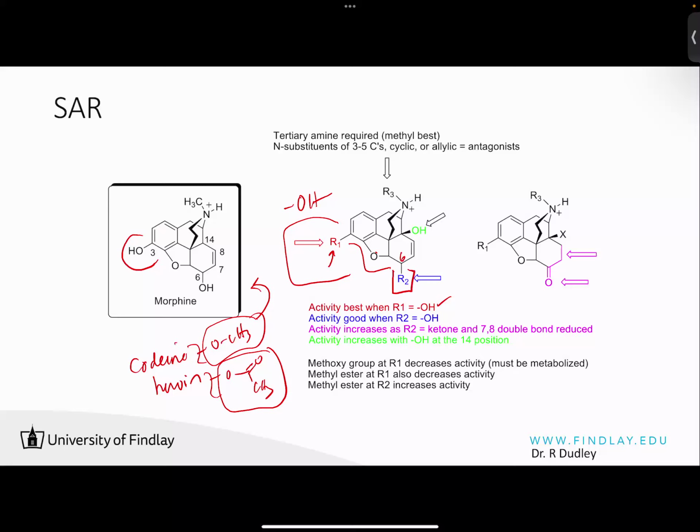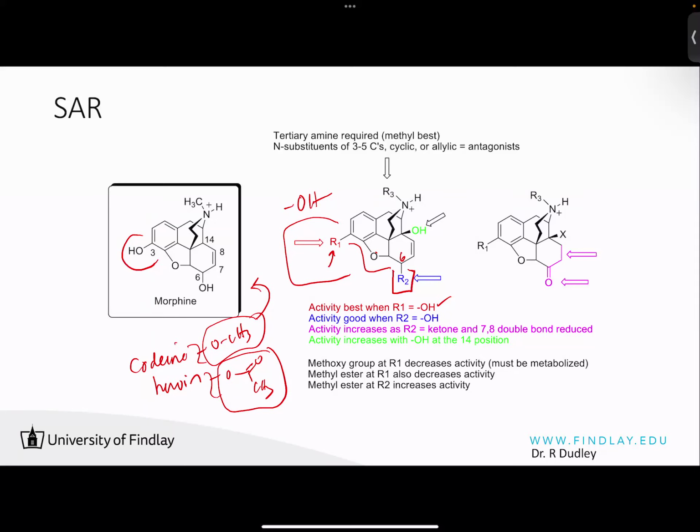This is the 6th position on the ring system. And again, not surprising, based on what I showed you on the previous screen, activity is going to be best when that R2 group is an alcohol. All right, so you could substitute that alcohol with a different isostere, if you will, and see what happens.